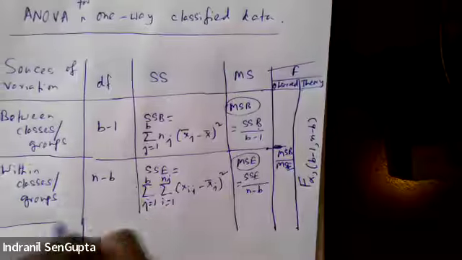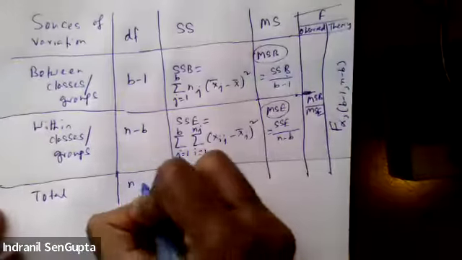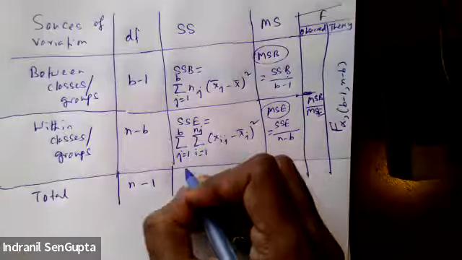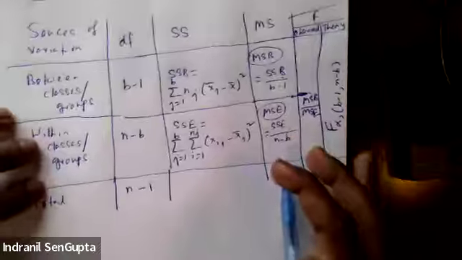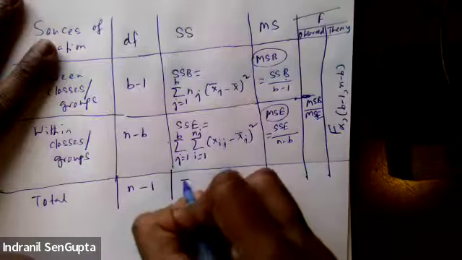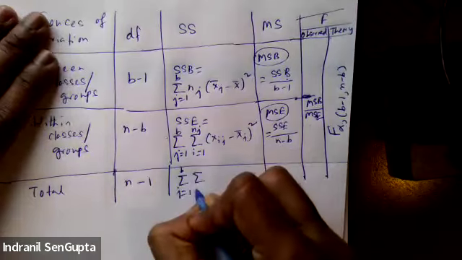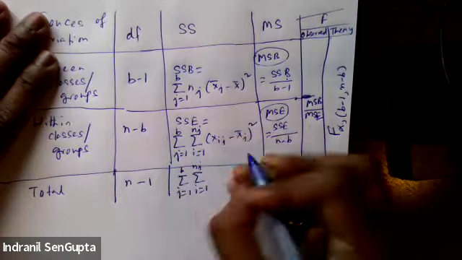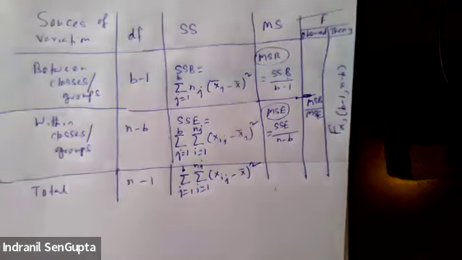Okay. By the way, I can also write here a total. For the first two, the degrees of freedom are added, so it's n minus 1. This is also added, because we know that SSB plus SSE is really the SS, the sum over j from 1 to b and i from 1 to n sub j of (xij minus x bar) squared.